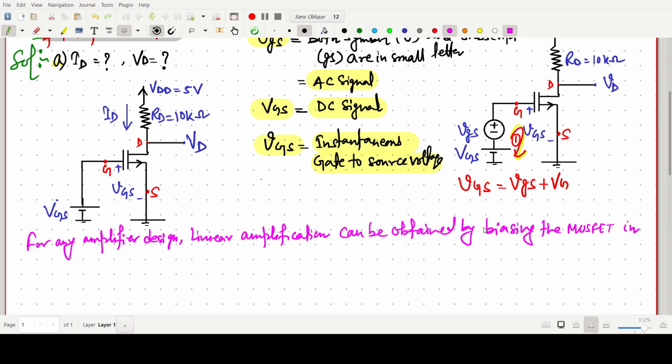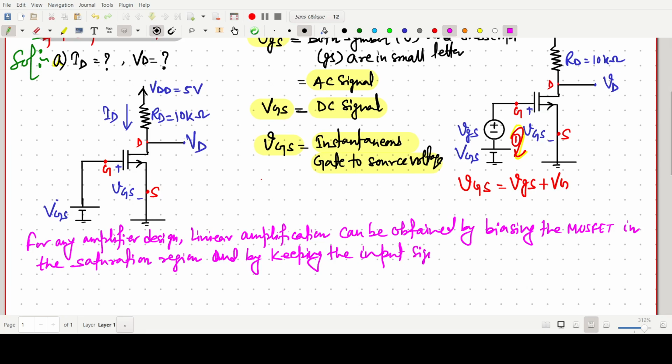In the MOSFET, the saturation region, this one is a very important point. For the amplifier design, we have to bias the MOSFET in the saturation region, and by keeping the input signal small, a small value.